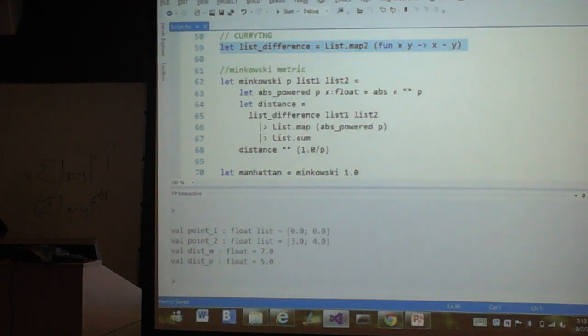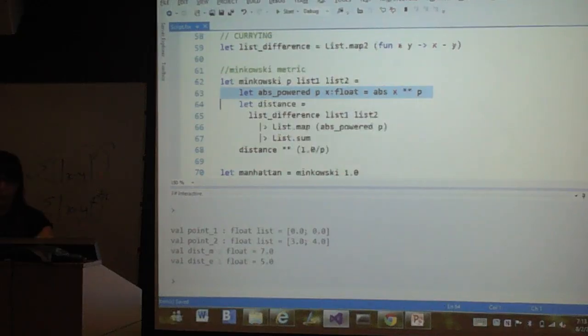I didn't need to, I could have used the whole thing in it, but I made it a little cleaner. So here that takes p and an x and just takes the absolute value of x to the power of p. This defines a function called absence for power.